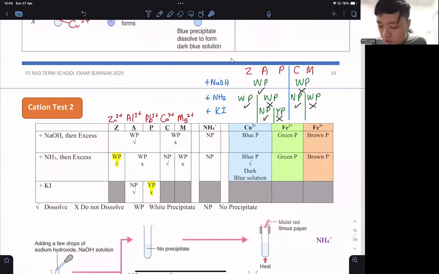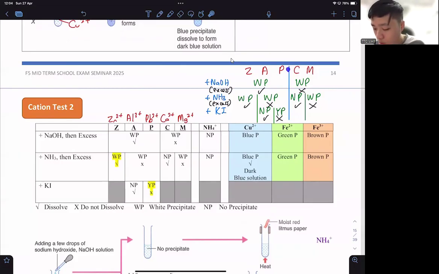So like this, if I want to test zinc ion, it is very simple. I need to add ammonia and I get a white precipitate. Then I need to add excess ammonia. If I add excess, it will dissolve in the excess ammonia.